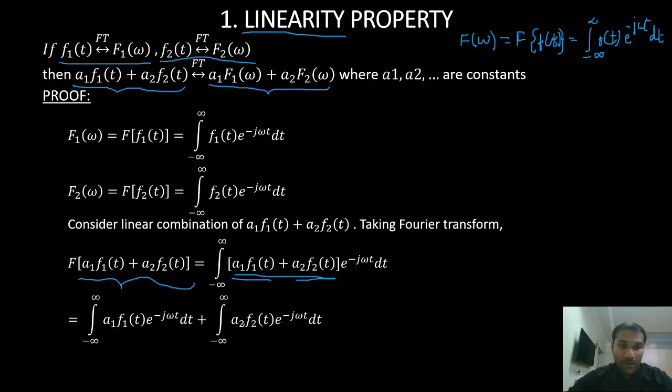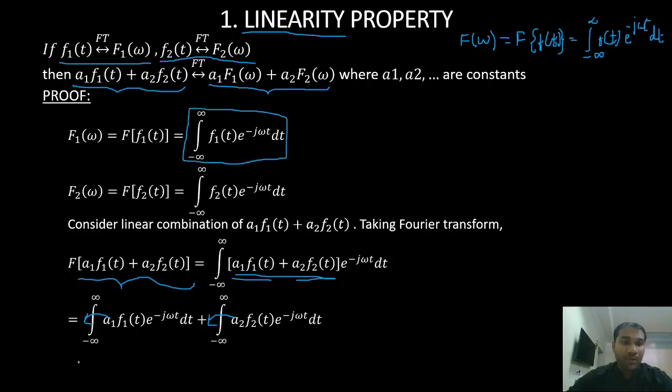My a1 and a2 are constants, so I can get them out of the integral, right? This can come out and this can come out. So what is left inside the integral? Integral f1 of t e power minus j omega t dt. What is that integral? It is same as this one, right?